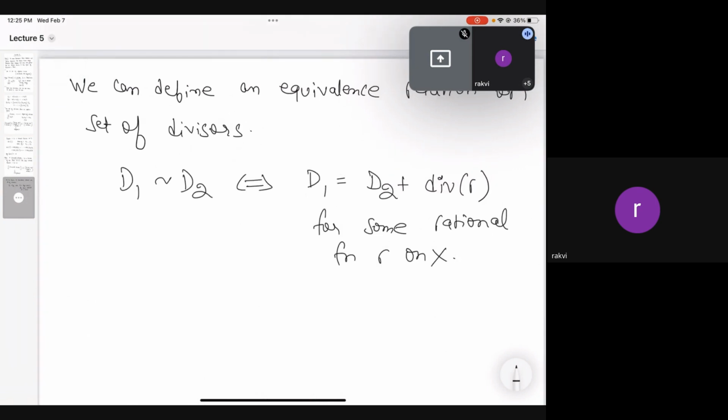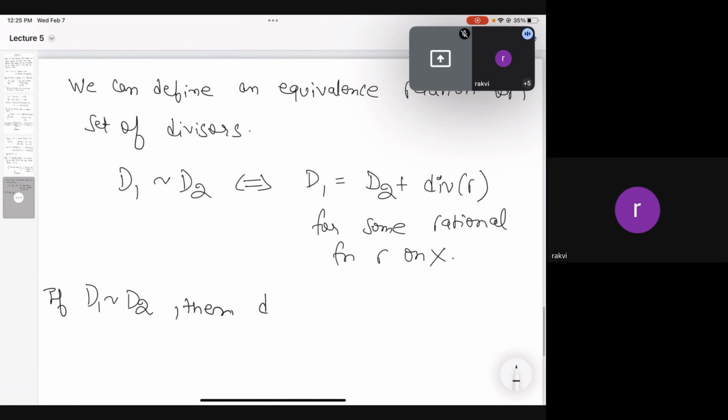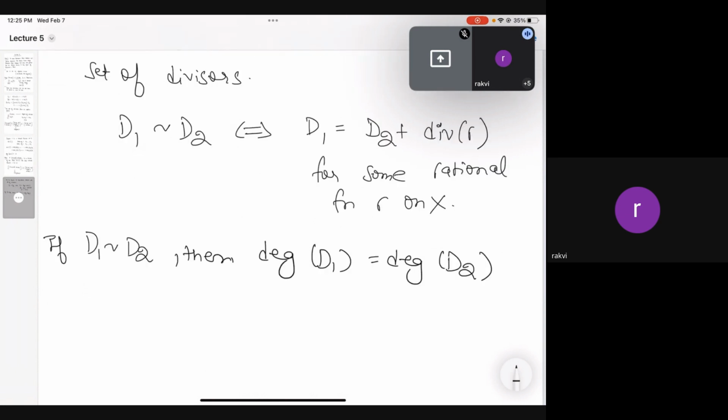What it does is it basically packages divisors according to their degrees. So if D1 is related to D2, then they both have the same degree. Then the degree of D1 has to be equal to the degree of D2, because degree is additive, right? The degree of D1 is the degree of D2 plus the degree of this divisor.